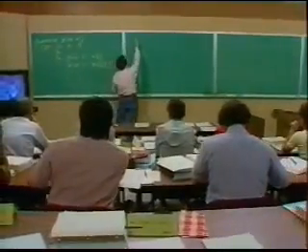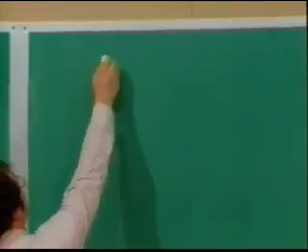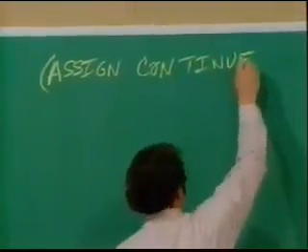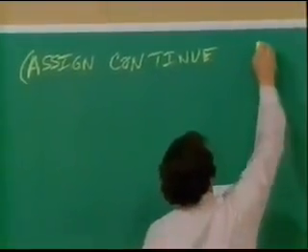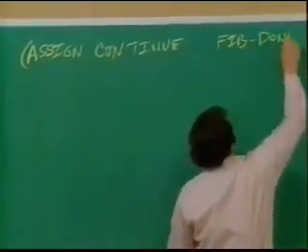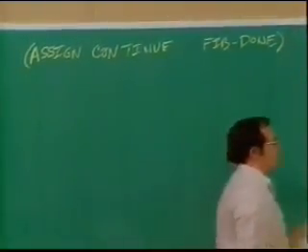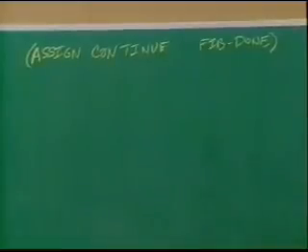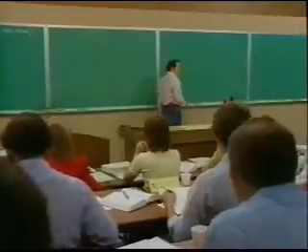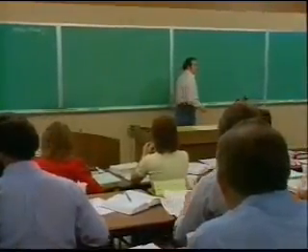First thing I want to do is start the thing up by assign to continue a place called fib done. So that means that somewhere over here I'm going to have a label, fib done, which is the place where I go when I want the machine to stop.